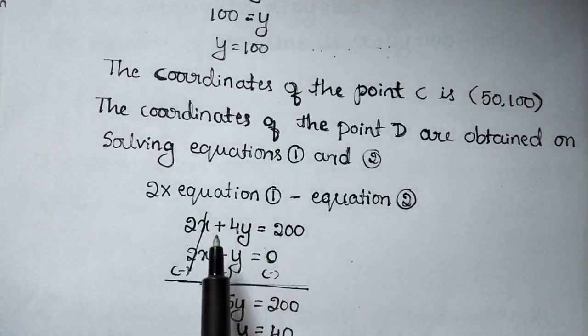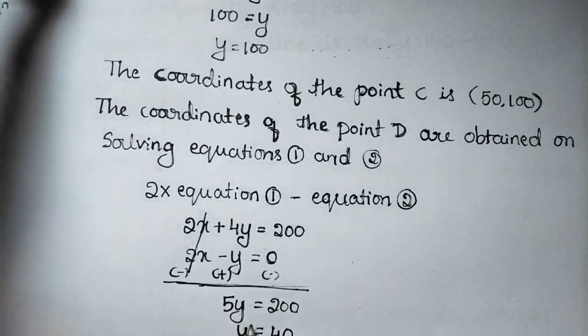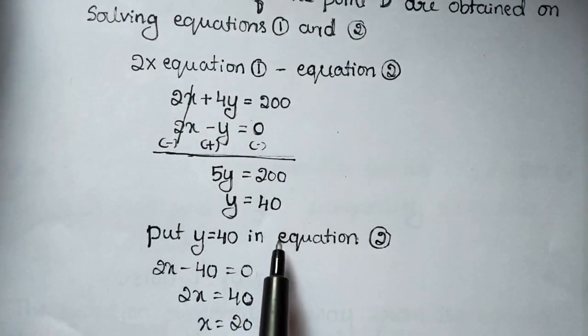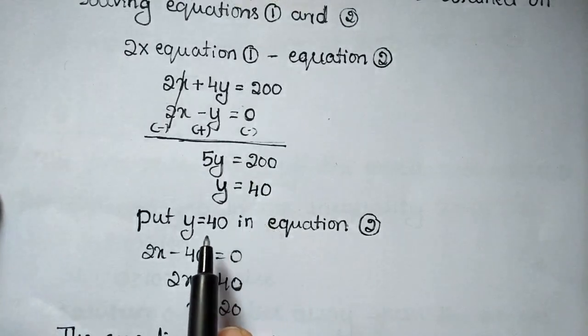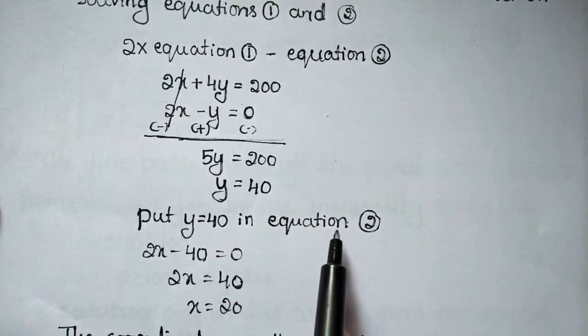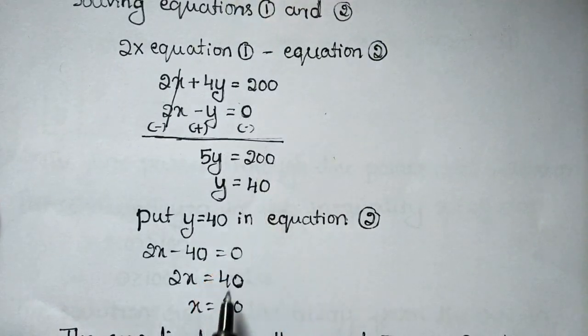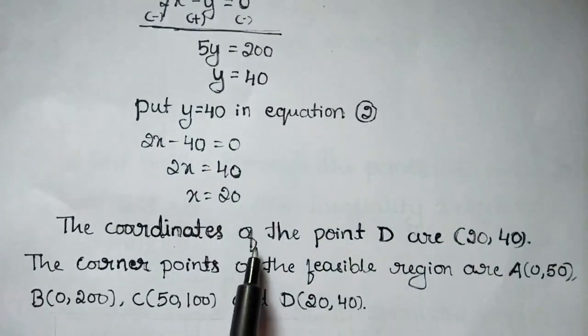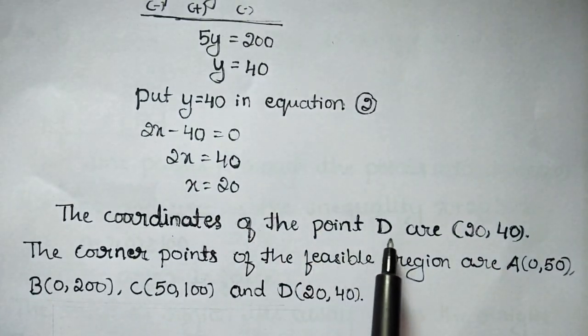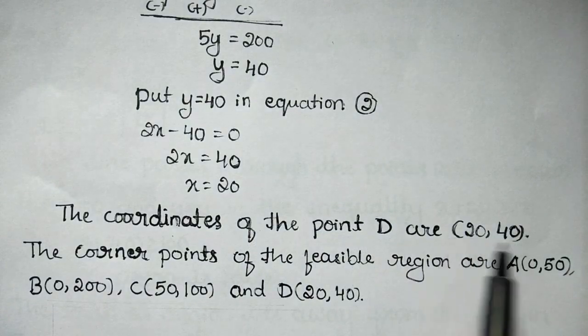On subtracting, x gets cancelled, we get 5y is equal to 200, then y is 40. Now substitute y is 40 in equation 2, this is equation 2, we get x is equal to 20. Therefore, the coordinates of the point D are 20, 40.